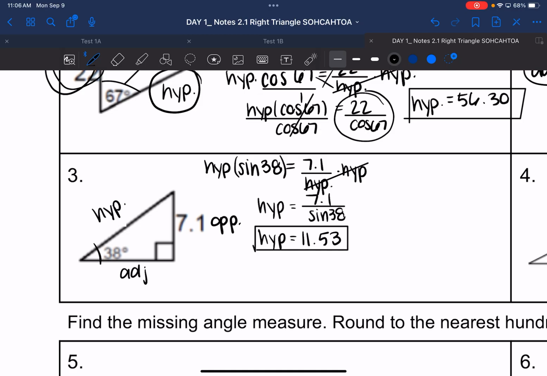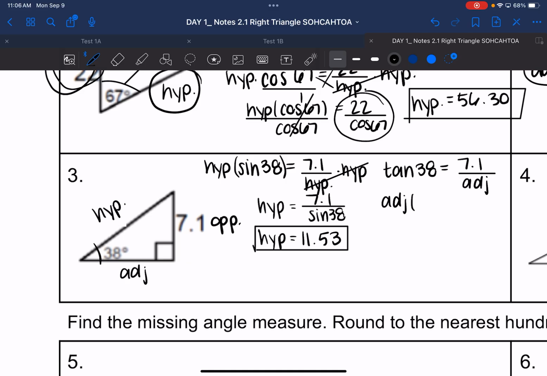Okay. Now I'm looking for the adjacent side. Which ratio am I going to have to use to find the adjacent side? Tangent. Good. So I'm going to have tangent of 38 is equal to opposite, that 7.1, over the adjacent side. So what do I have to do first? Multiply by the adjacent.